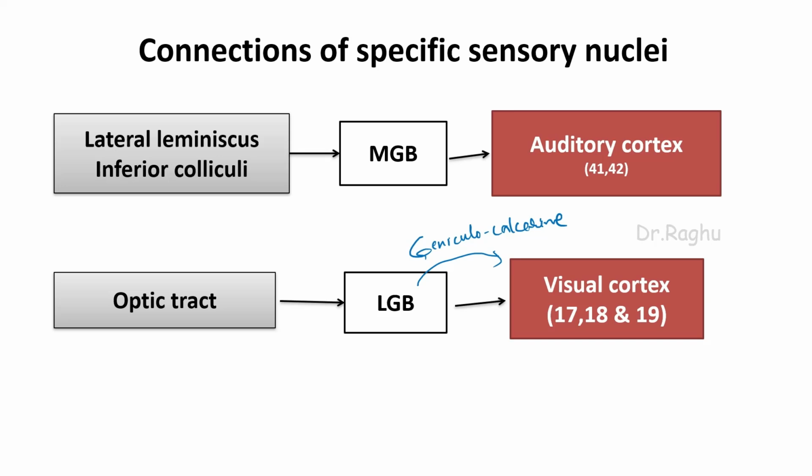So this is easy. MGB is a part of the auditory pathway, LGB is a part of the visual pathway. So these are the afferents and these are the connections going to the efferents.